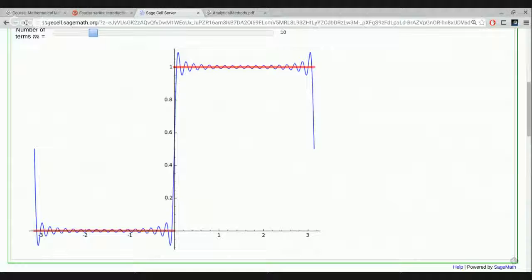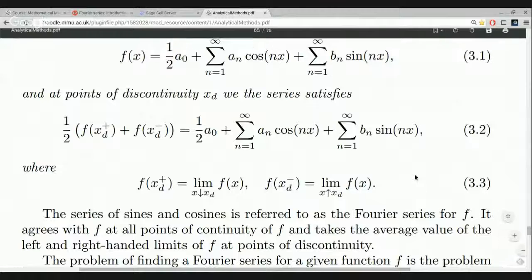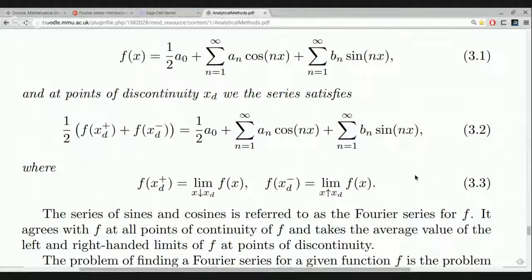It's kind of difficult to see there because it's going so steeply down. You can see it's to the right of the y-axis here, and then it crosses the y-axis at half, and then it's to the left. Okay. So that's just an illustration of this behavior in this statement 3.2. At the point of discontinuity, the Fourier series takes the average of the limiting behaviors of f either side of the point of discontinuity.